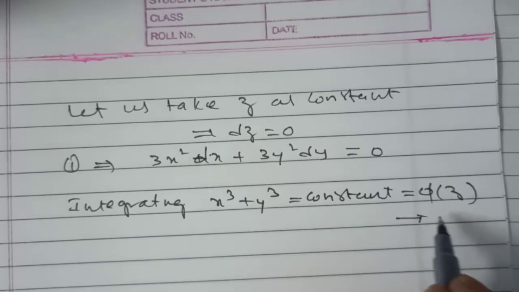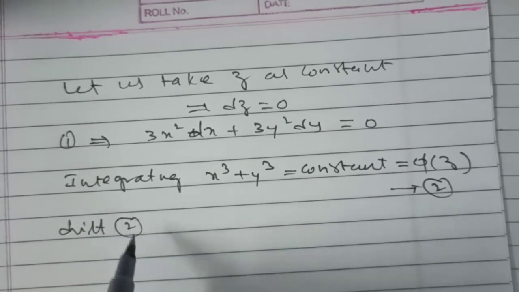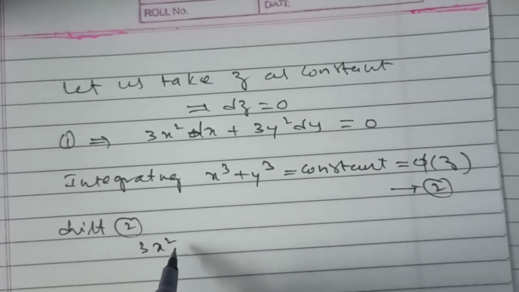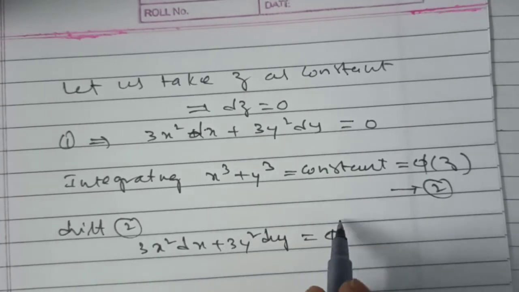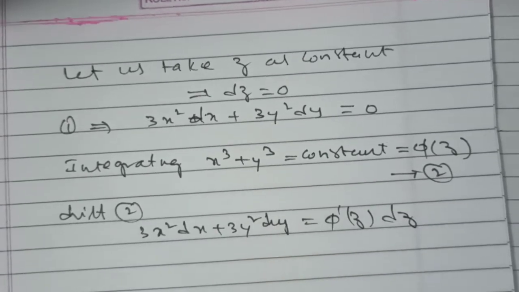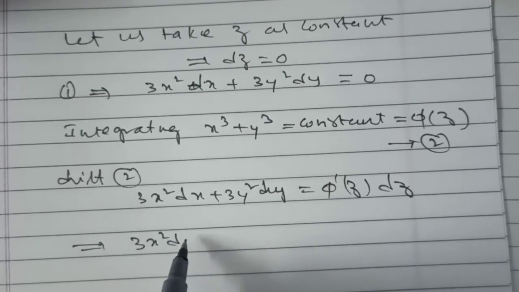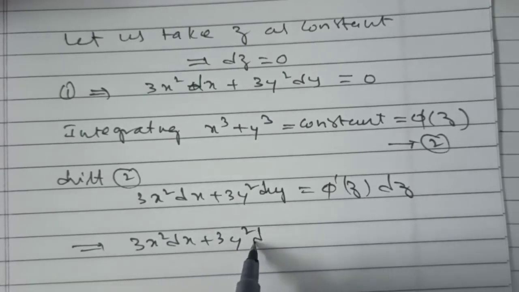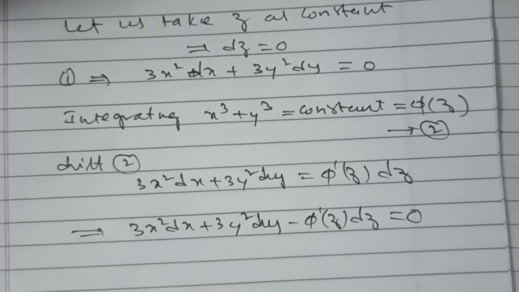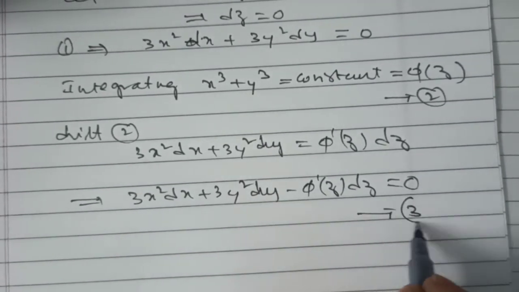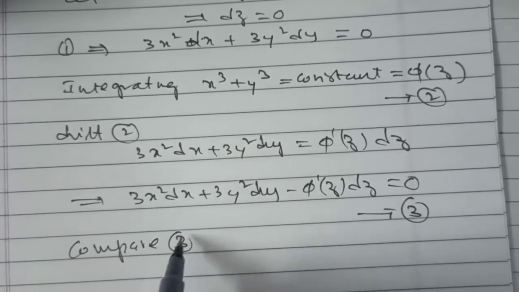This is equation 2. Differentiate: 3x square dx plus 3y square dy is equal to phi dash of z dz. This implies 3x square dx plus 3y square dy minus phi dash of z dz is equal to 0. Take this as 3. Compare 3 with 1.